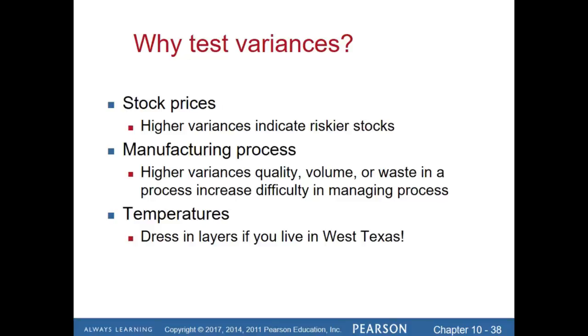And so greater variance in those production processes makes it much harder to do that kind of planning or forecasting that you might want to do. If you have a production process which gives you greater variance, then it's harder to manage than one with less variance. And so maybe you want to compare a couple of different processes and see which are more variable.